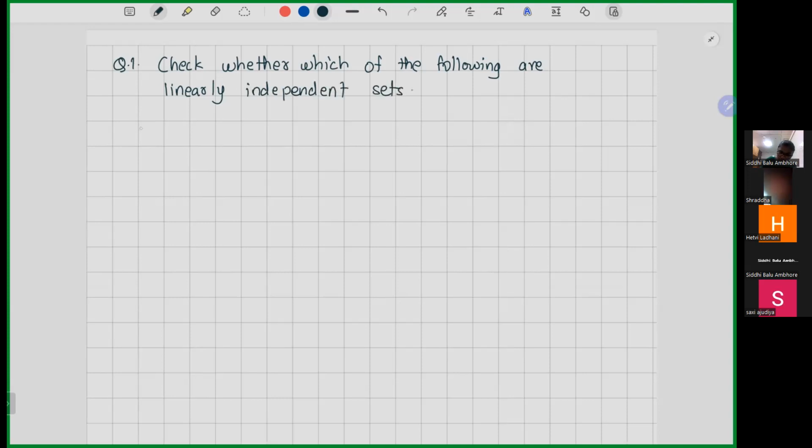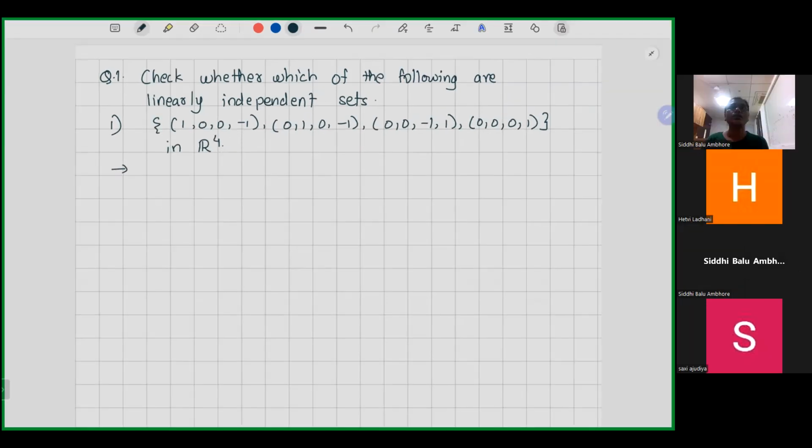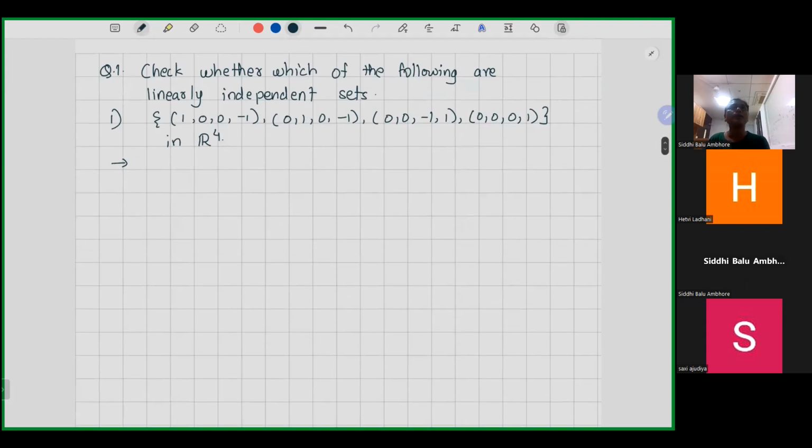We'll start with the first one, and it contains these elements in R4. These are all vector spaces over R, and we will be checking whether this set of vectors is linearly independent over R in R4.